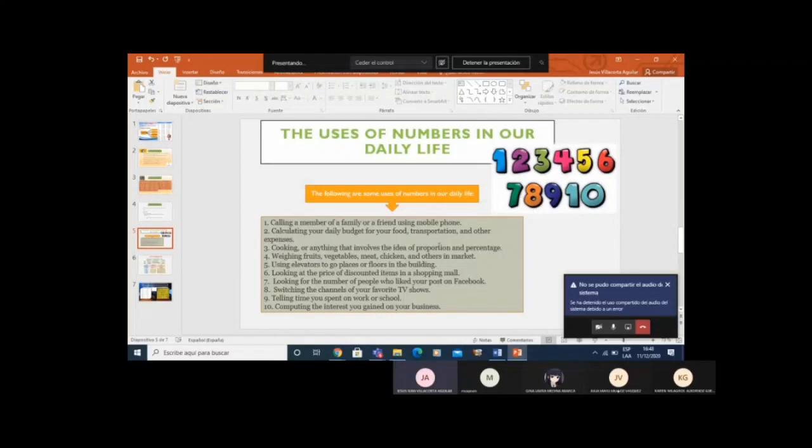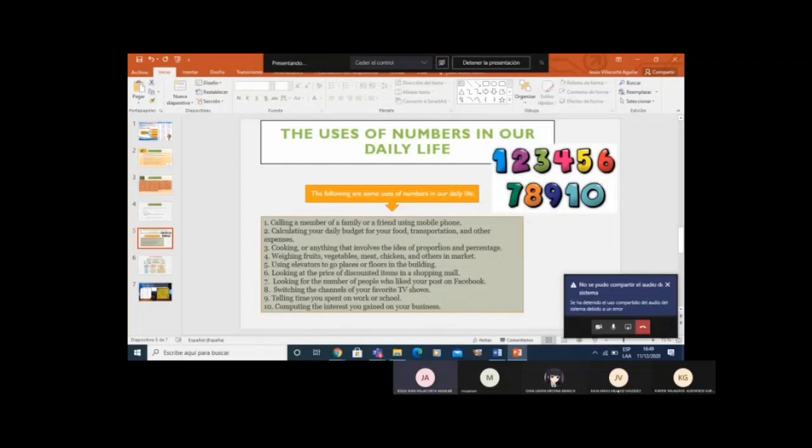only some examples, like calling a member of a family or a friend using a mobile phone. For this we use principally the numbers, or another example is calculating our daily life budget for our food, transportation or other expenses. And also for cooking we use numbers, or anything that involves the idea of portion and percentage.